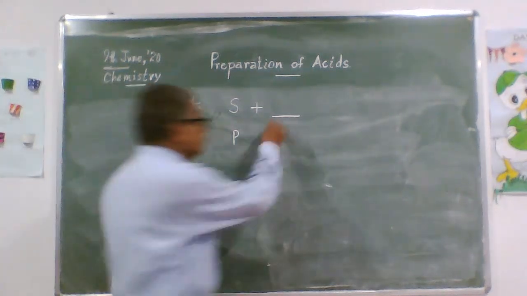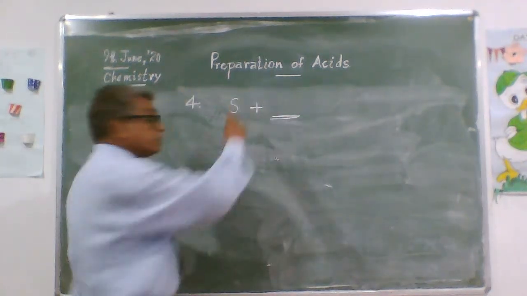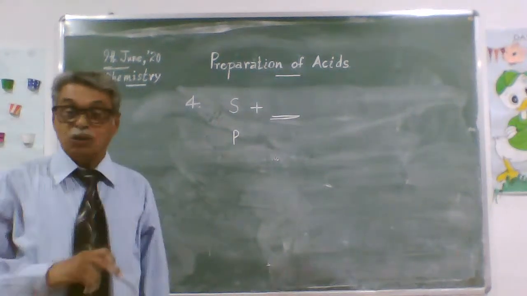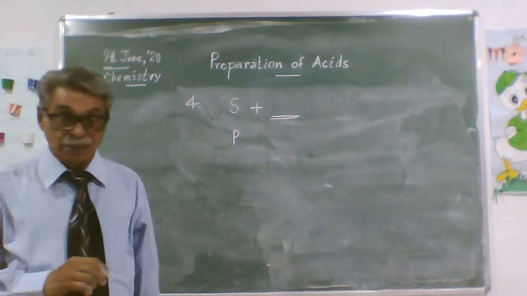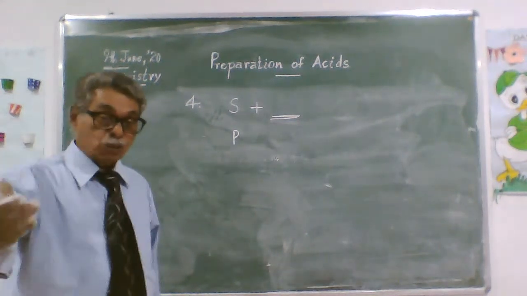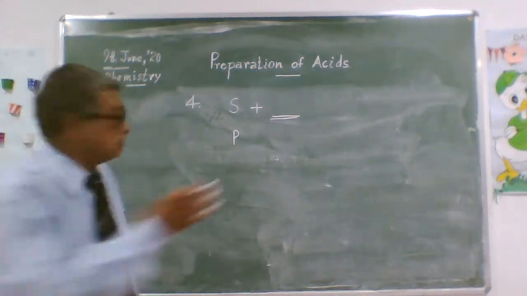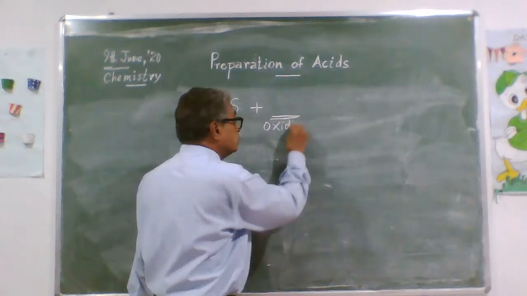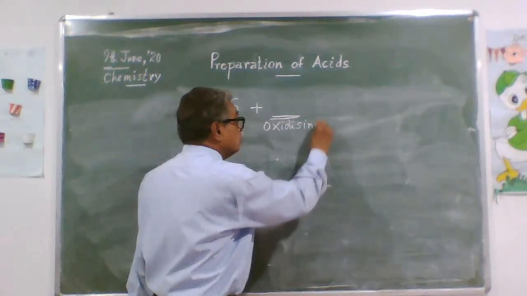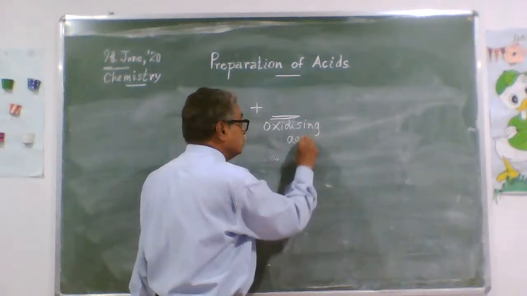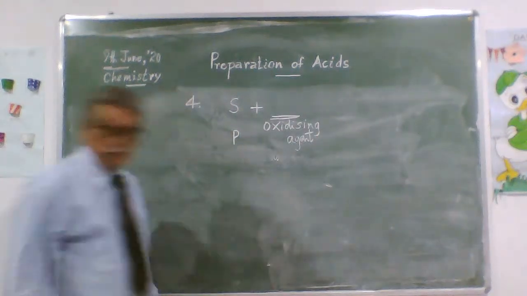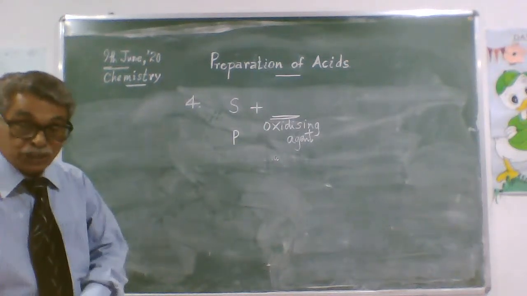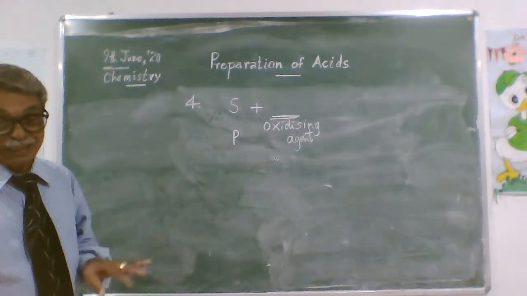What is this substance which supplies oxygen to another substance called? A substance which supplies oxygen to another substance for oxidation is usually called an oxidizing agent.